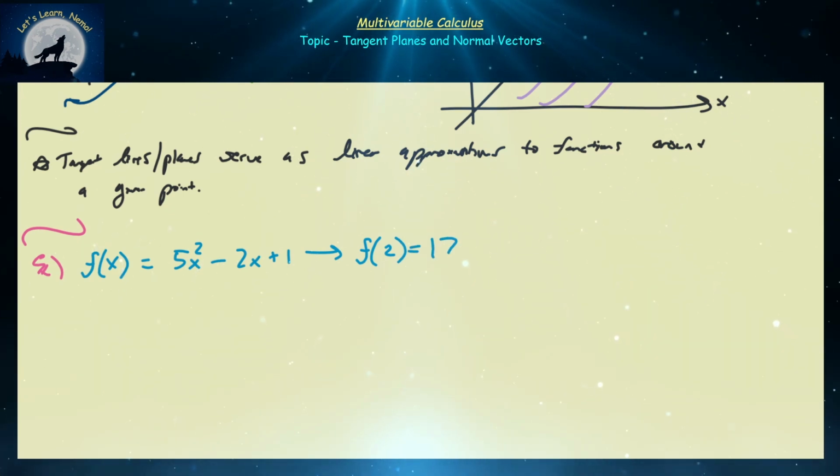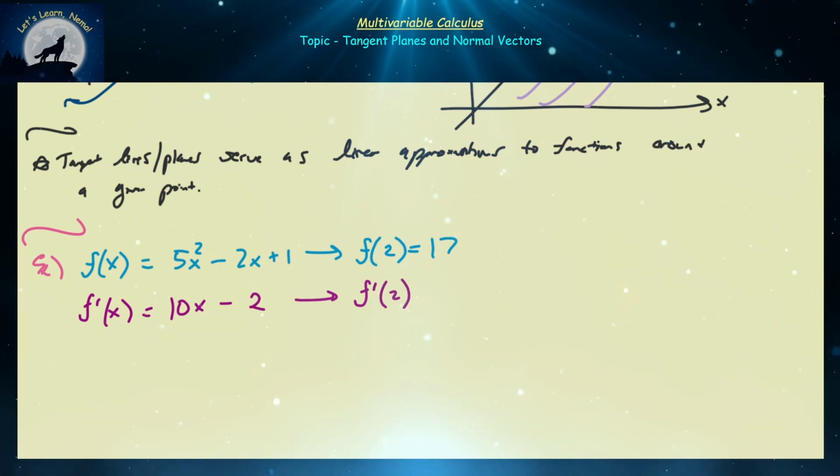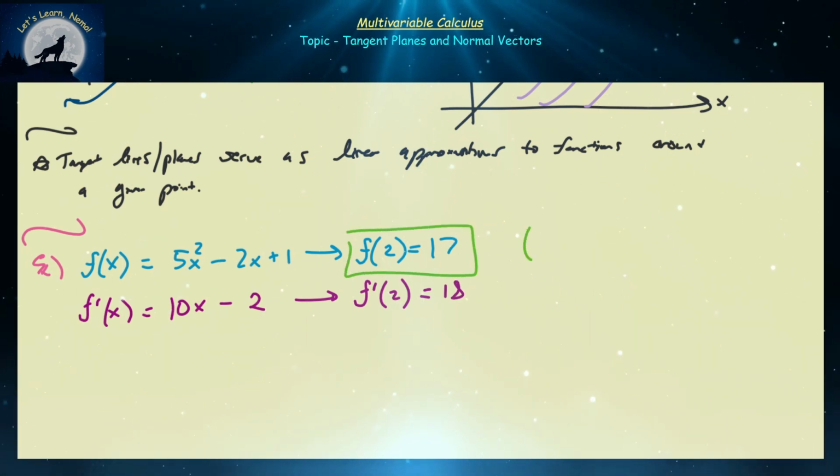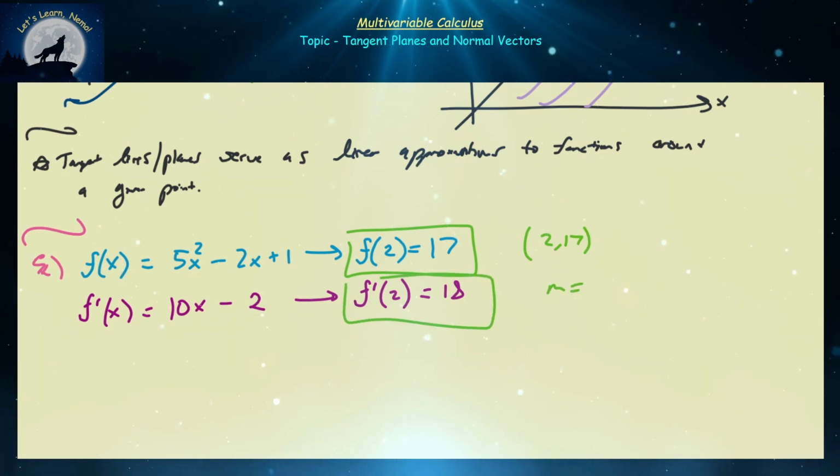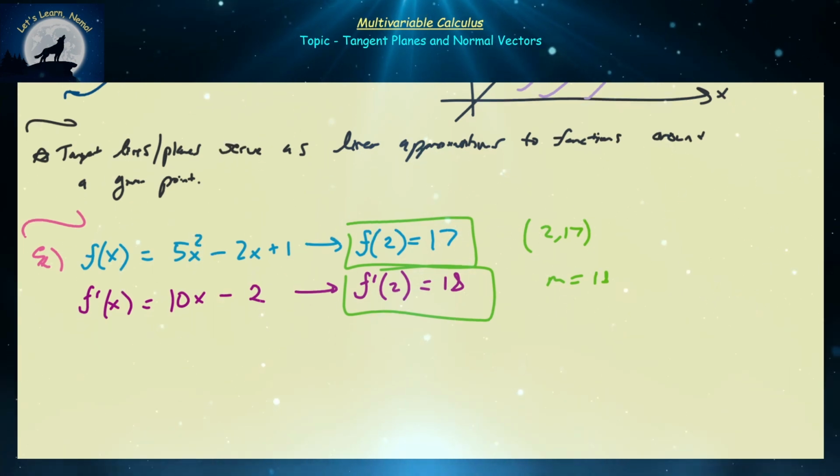So if we find the derivative of this function, which is very trivial, that's going to be 10x minus 2, and we can find the slope of the curve at 2, and that's going to be equal to 20 minus 2, which is equal to 18. So we have a point at 2, 17, we have the slope, which is equal to 18, and then we can find the tangent line to the curve at this particular point.